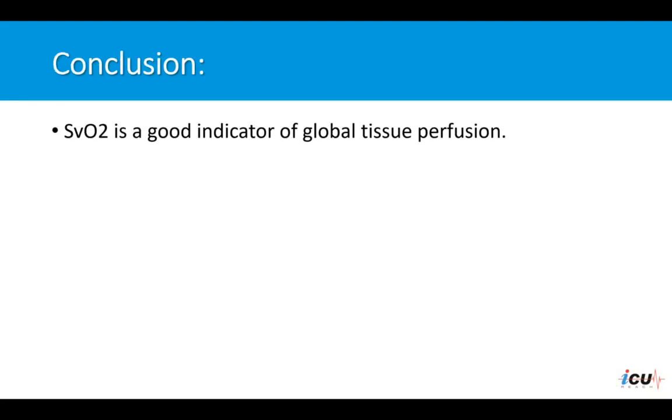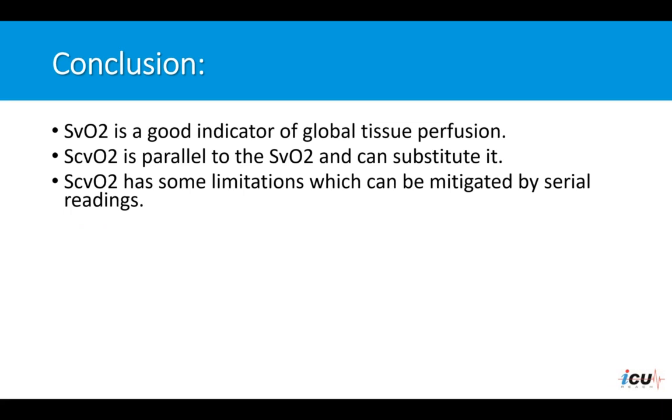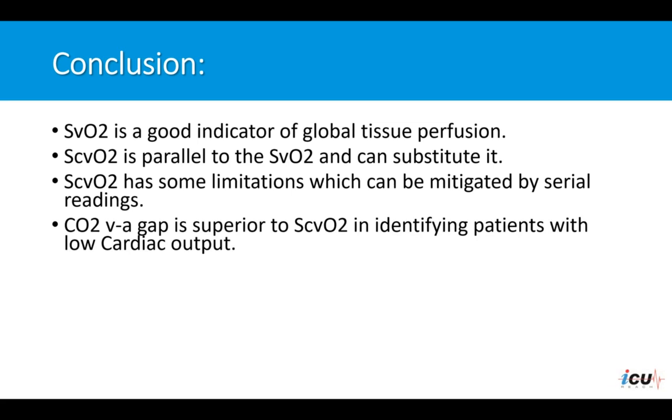In conclusion, we talked about how mixed venous O2 saturation is a good indicator of global tissue perfusion, as it gives an idea about the oxygen consumption. And then we talked about using central venous oxygen saturation as an alternative to mixed venous O2 saturation. And then, of course, we mentioned some limitations in relation to the central venous O2 saturation, especially with the location of the tip of the central line catheter.